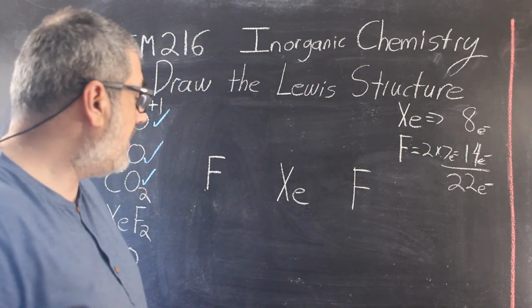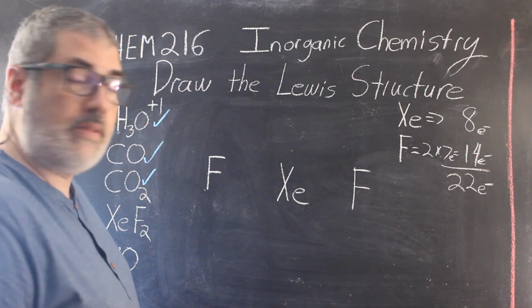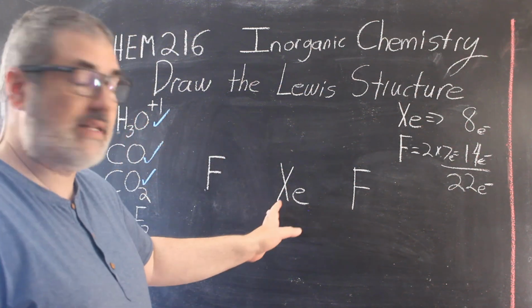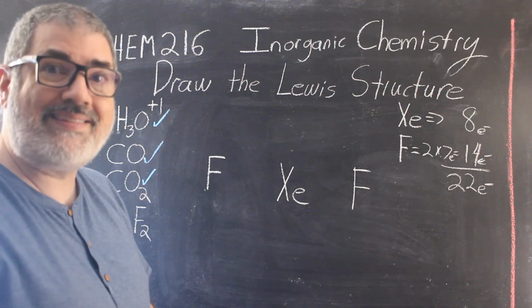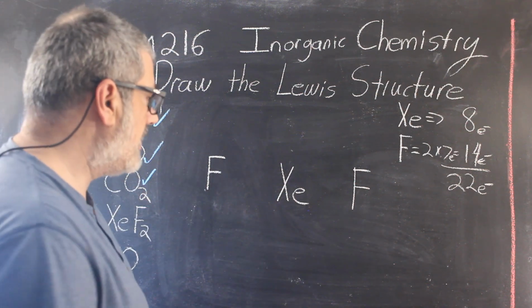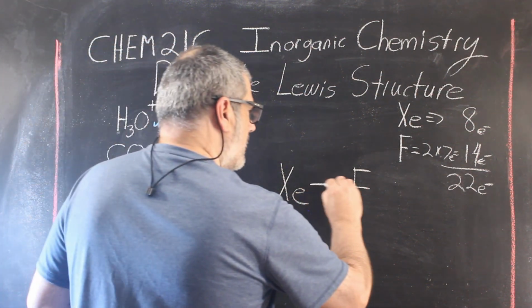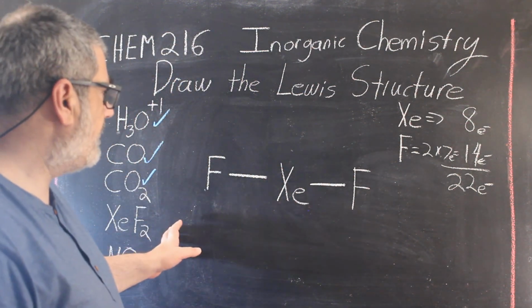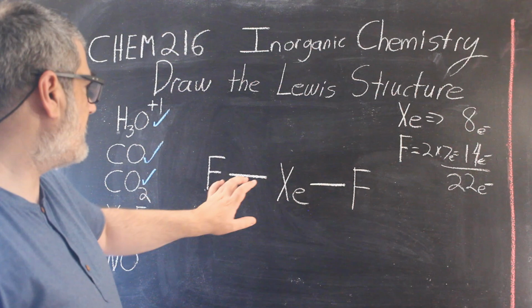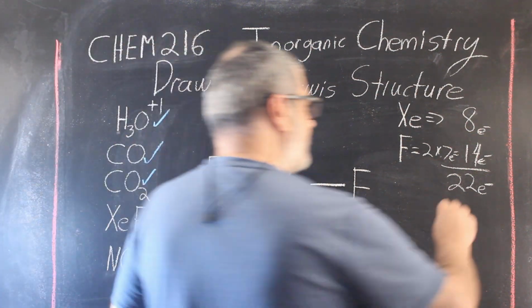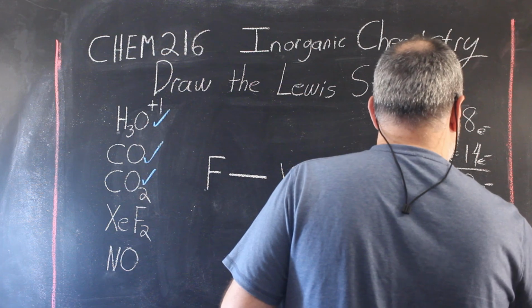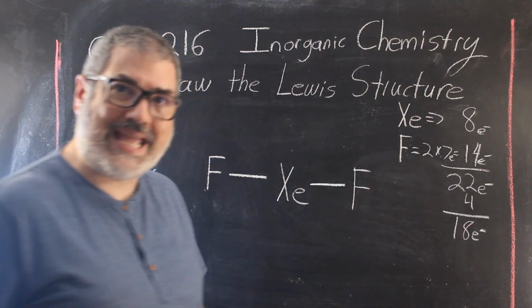We'll see the bonding that's going to occur here. Regardless of the fact that it's a noble gas, we still treat it the same as we would any other compound. So we put in single bonds from the xenon to the fluorines. So that's 2, 4 electrons. So now we're down to 18 electrons.